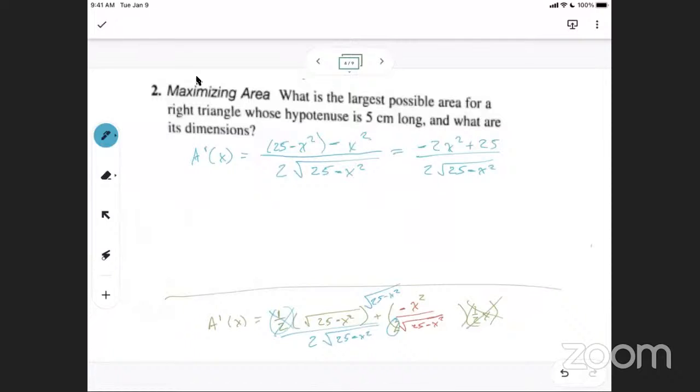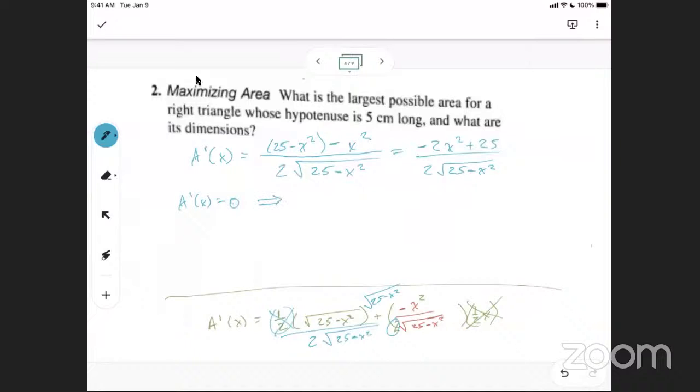Yeah, I got it. So how do I maximize that? I find out where it equals 0, right? I want to set that equal to 0. So how do I set the derivative equal to 0 if it's a fraction like this? What makes that 0? Does the denominator matter? I think you multiply by the denominator on both sides.